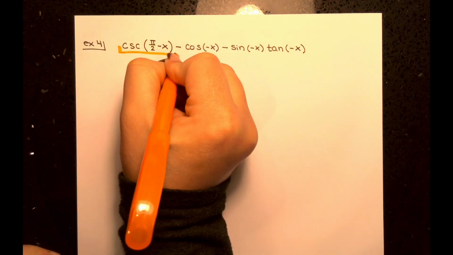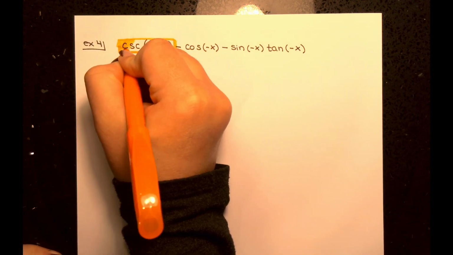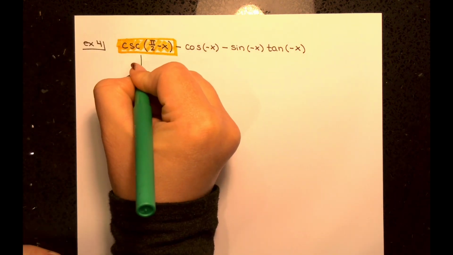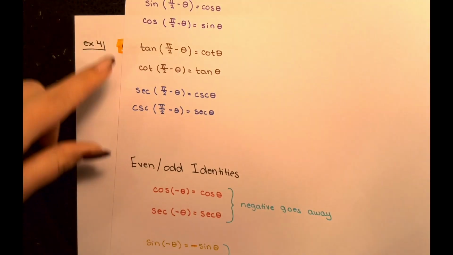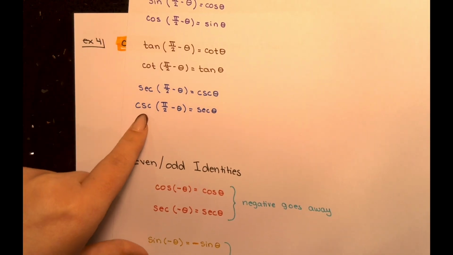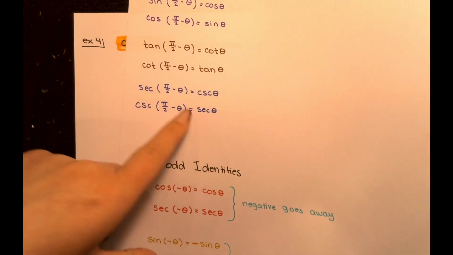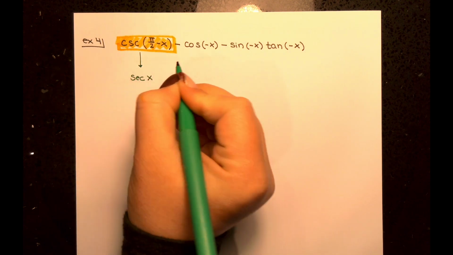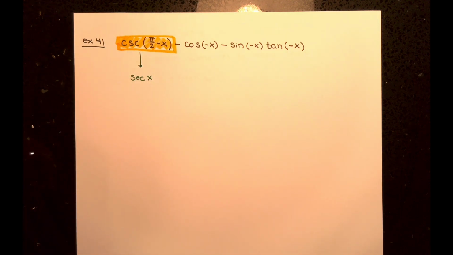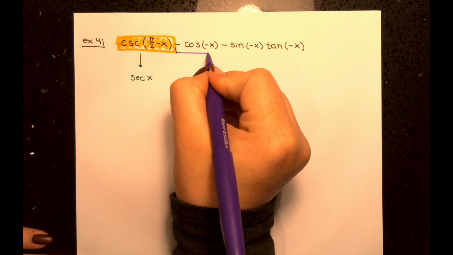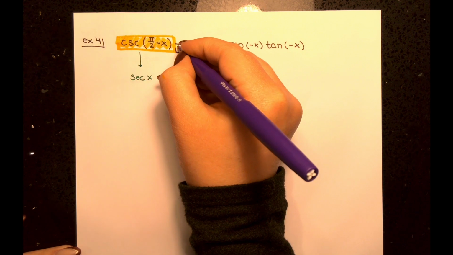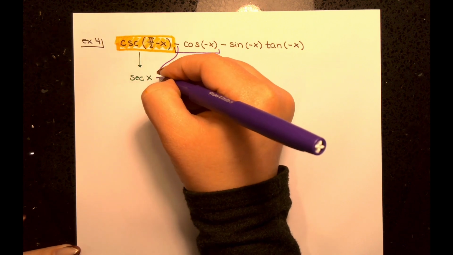Break them apart. Here we have a cofunction identity. Cosecant of pi halves minus x is equal to secant. Next, we have a negative cosine of x. So I'm going to bring this negative first.